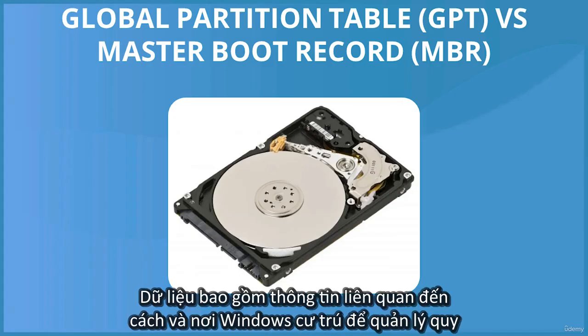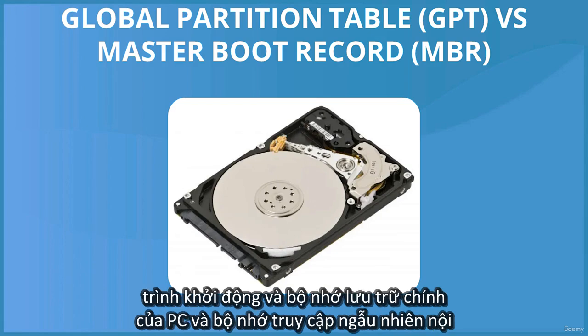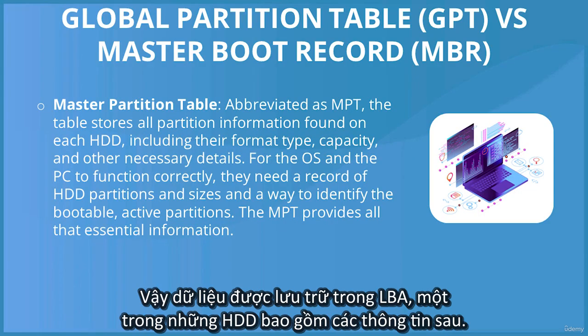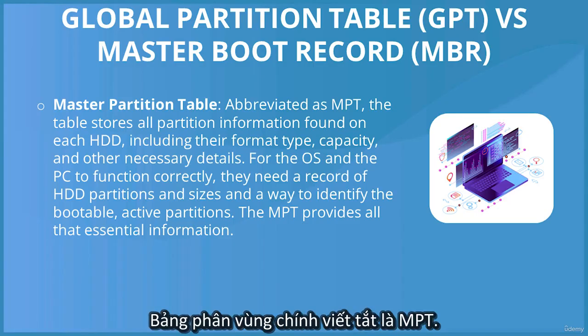The data includes information related to how and where Windows resides to manage the boot process and the PC's primary storage and internal random access memory, or RAM, not external memory such as DDR2 and DDR3 memory cards and sticks.